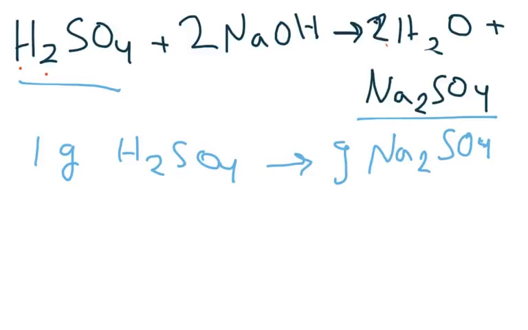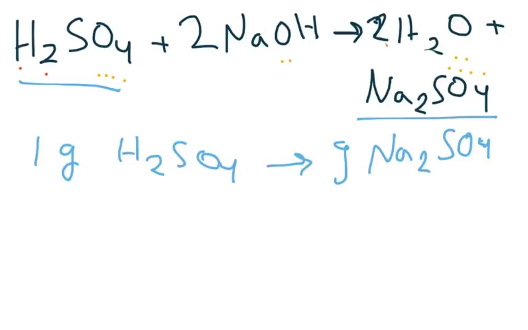Let's look at oxygen. We have 2 oxygens here. We have 4 oxygens here. And in this case, we have 1 oxygen here, but it's multiplied by 2. So we have 2 oxygens here. And we also have 1, 2, 3, 4 in the Na2SO4.